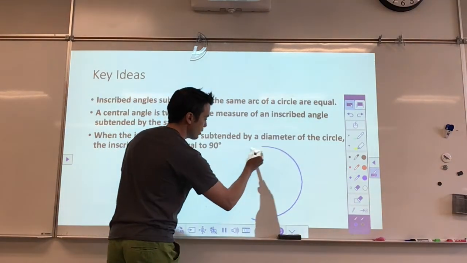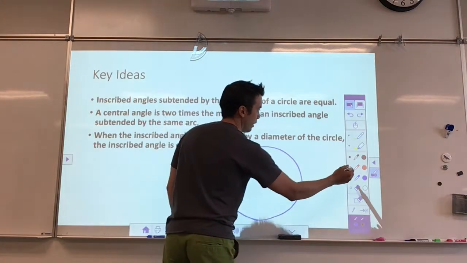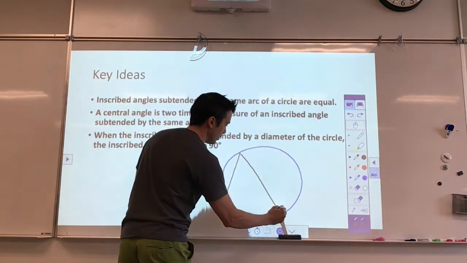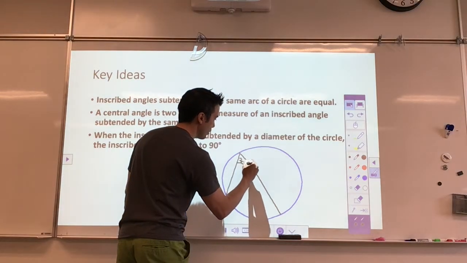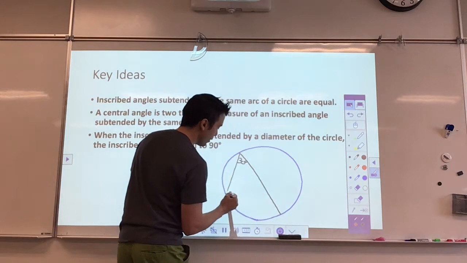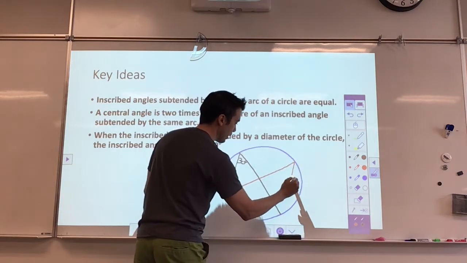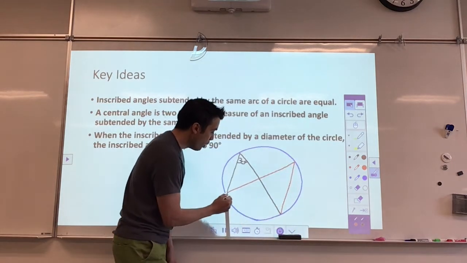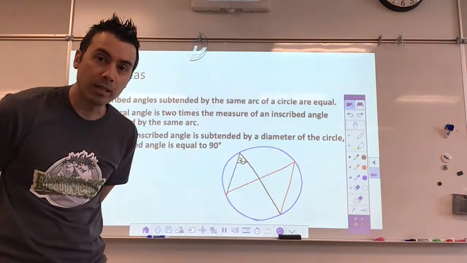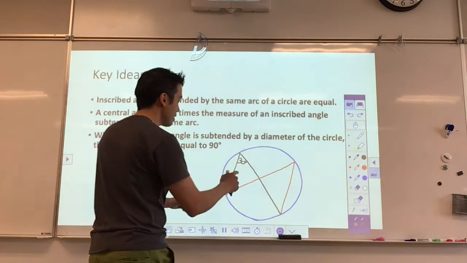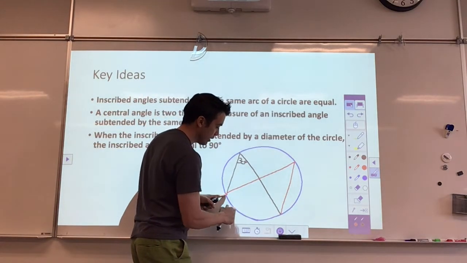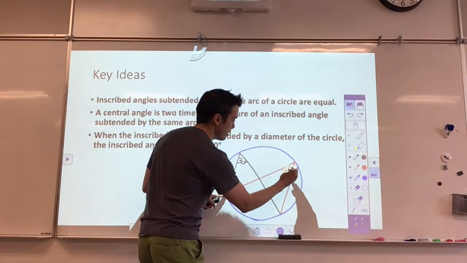If this is my circle and I have this inscribed angle and it is 30 degrees, and I have this other inscribed angle right here, and both of these endpoints are the same, all inscribed angles subtended or standing on the same arc are the same. So this is 30.